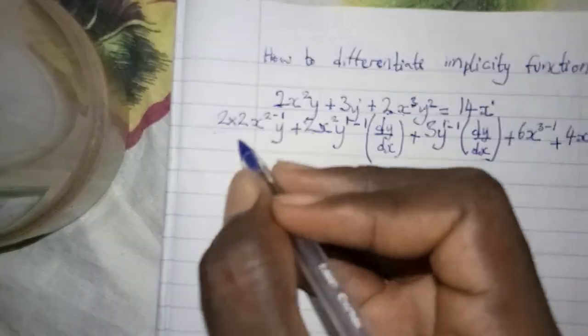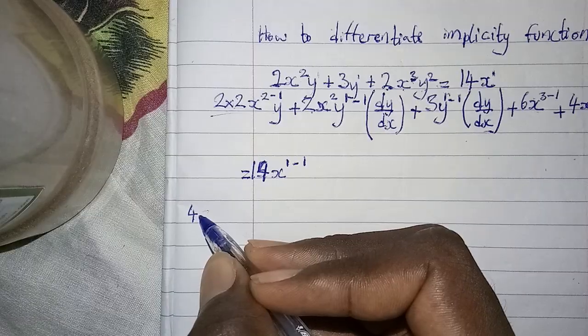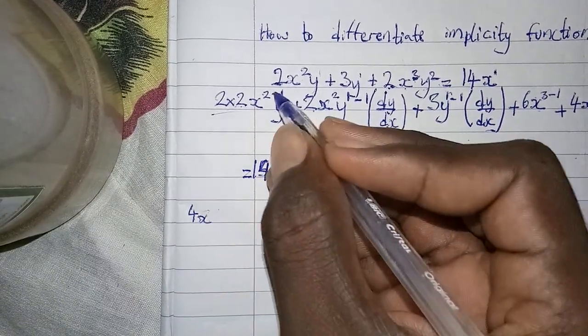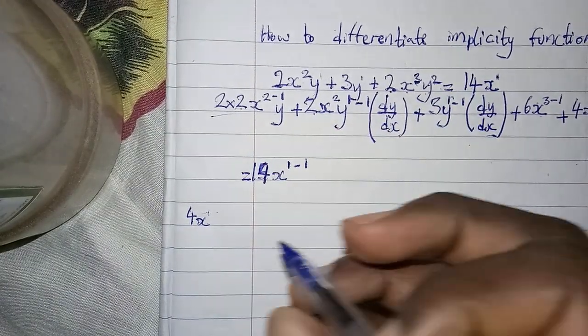Okay, so let's break it down. Here we are going to get 2 times 2, 4x; 2 minus 1 is equal to 1, so we will not write anything.